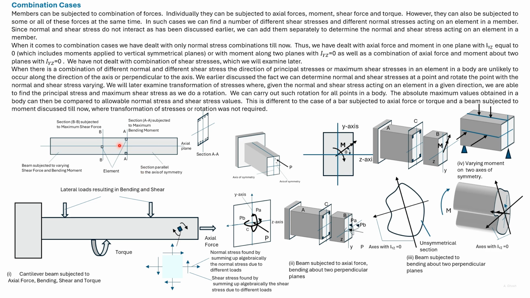For this plane, the maximum compressive and tensile stress will be at these two elements. Now this plane can be the plane of the axis of symmetry or any plane parallel to it. So the absolute maximum normal stress will be along the whole width.